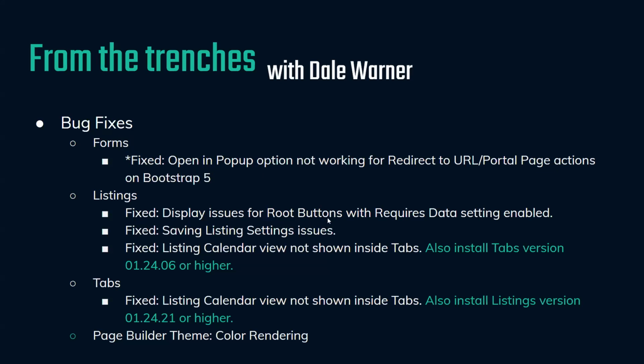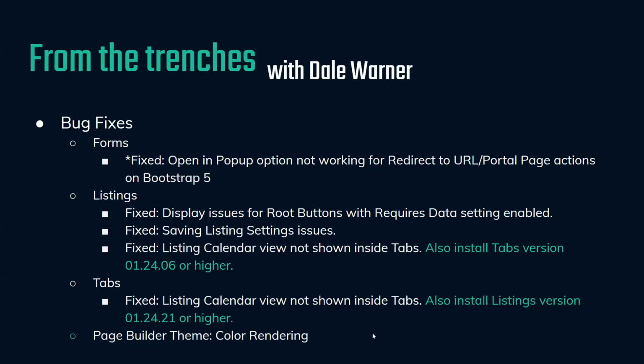The row buttons with the requires data setting enabled, the button wasn't showing, so that fixes that issue. There were some issues with the ability to save listing settings. Then these next two go together: the listing calendar view wasn't being shown inside tabs, and in order to get this fix, you have to install both hotfixes, one for tabs and one for listings.